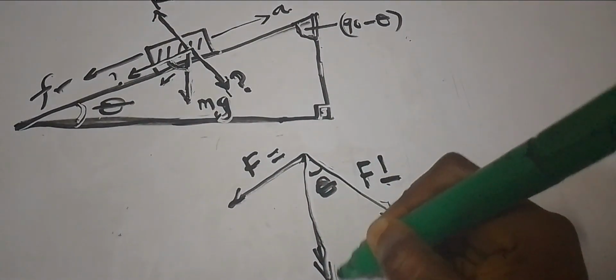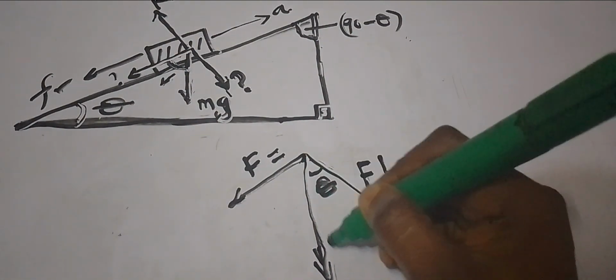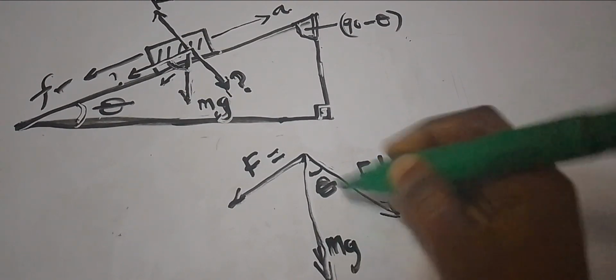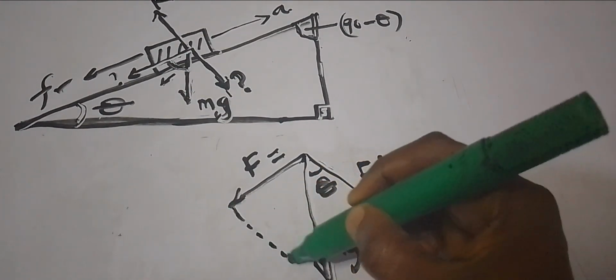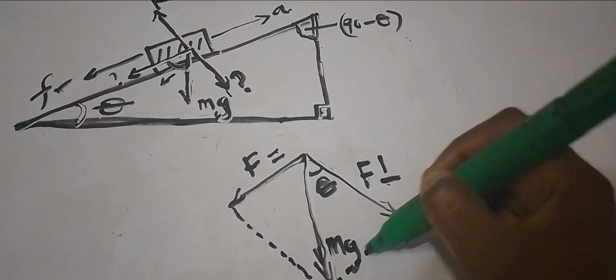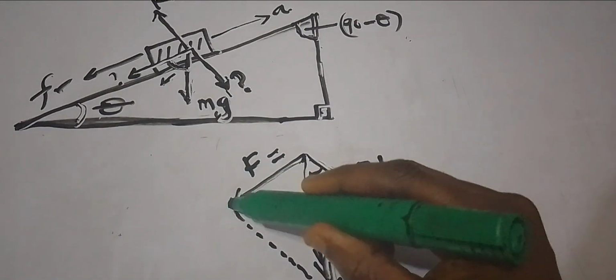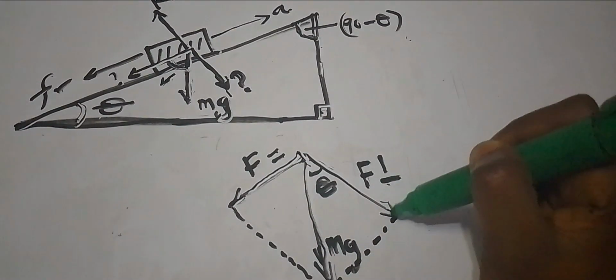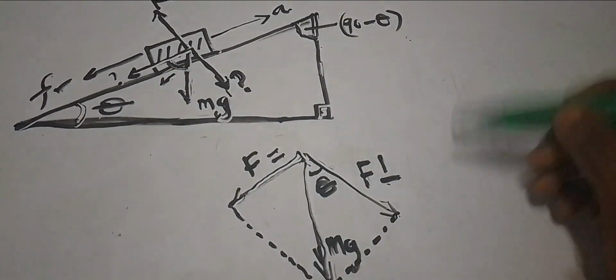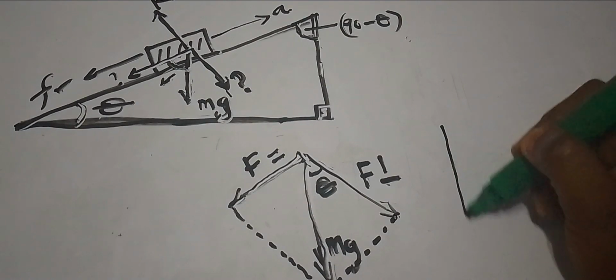Remember, this one is mg. The force that acts downward here is automatically mg. So let's conclude by drawing a right angle triangle like this. Let's make a rectangle. So this is a rectangle. Let's take this part out, and if I take this part out, we are going to have something like this.